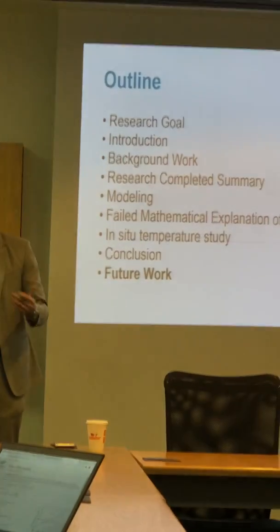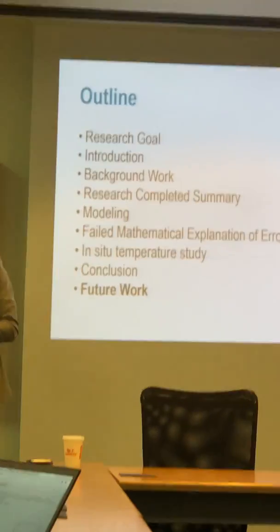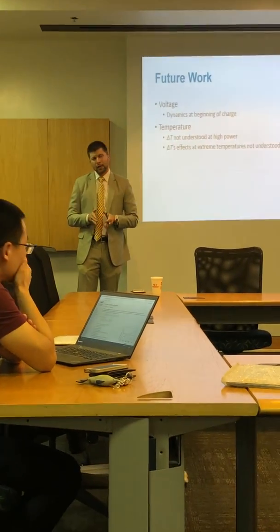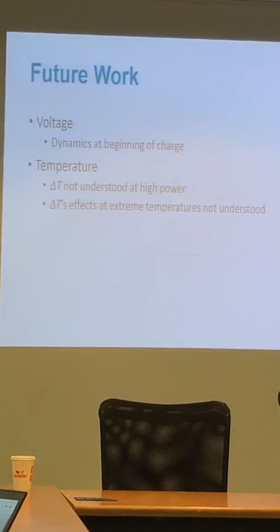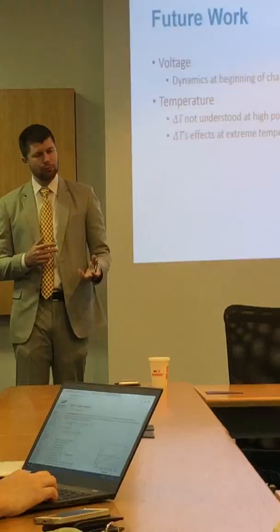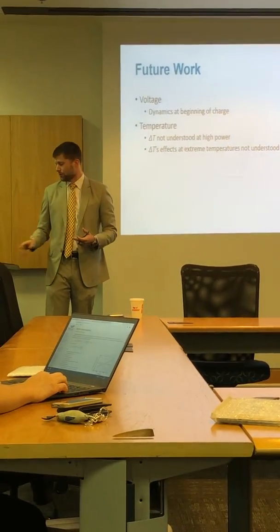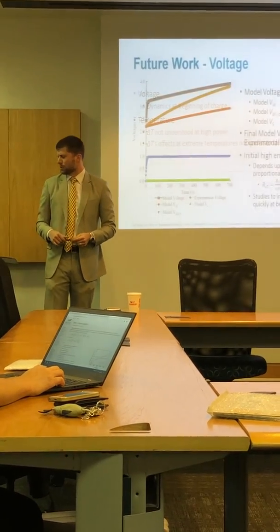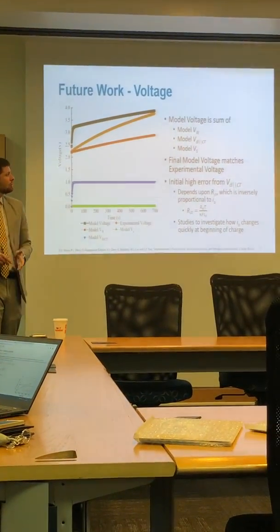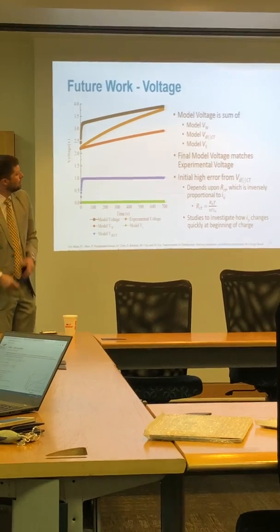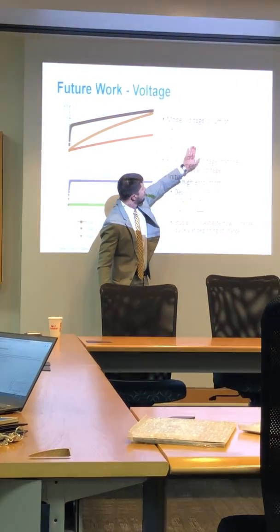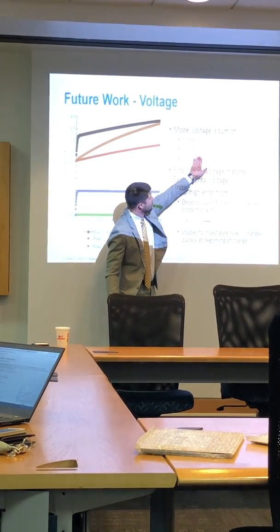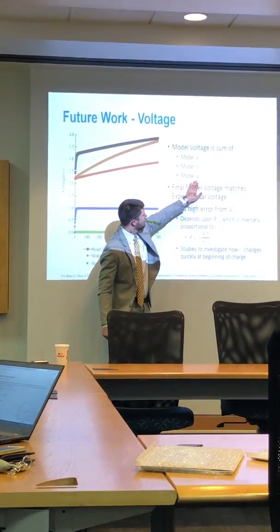All right, so future work to continue to improve this research. Still have a few questions about the voltage computations that I want to explore, and then temperature still has more questions. Let me start out with voltage. So the model computes its voltage as the sum of the drop across my Warburg elements, my double layer and charge transfer elements, and a series resistor.